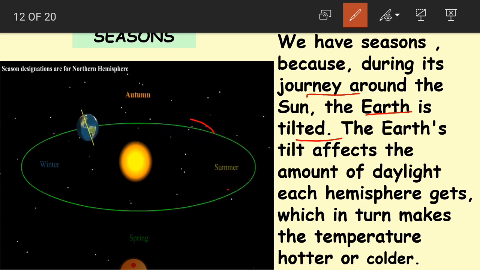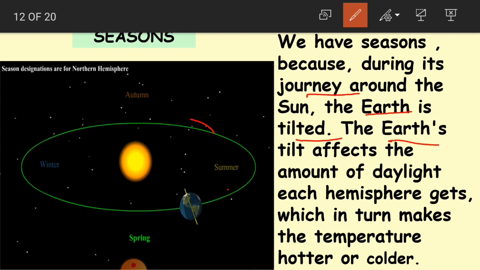So some part of the earth, when it is exposed to the sunlight while taking rounds around the sun, those particular places of the earth will be getting the seasons. Suppose here summer, here autumn, again here winter, again here spring. So like this we will be getting the seasons.